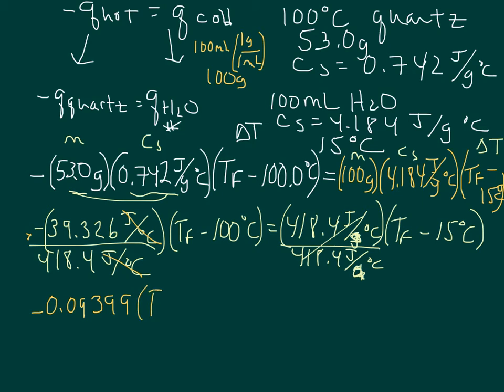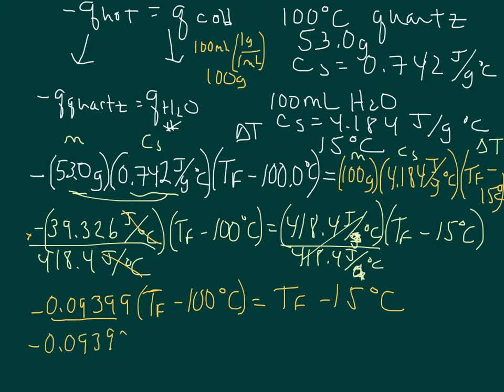We end up with TF minus 100 degrees C, and that's going to be equal to TF minus 15 degrees C. All right, now a little bit more math. We've got to distribute this, so now we have negative 0.09399 TF, and then now we're going to multiply this by 100 degrees C, and then notice we have negative times negative, so we're going to end up with a positive.